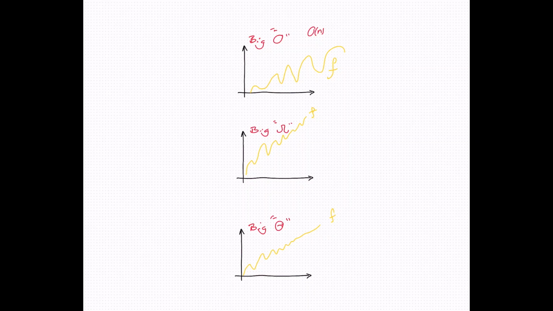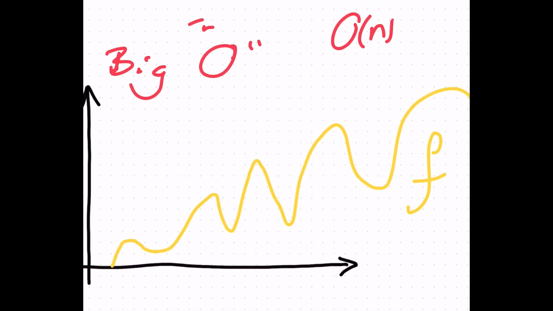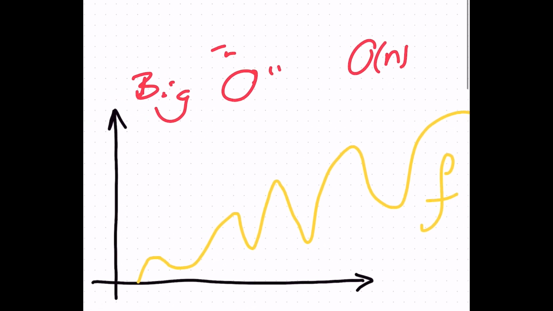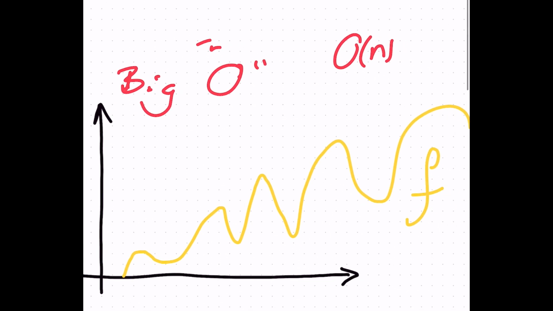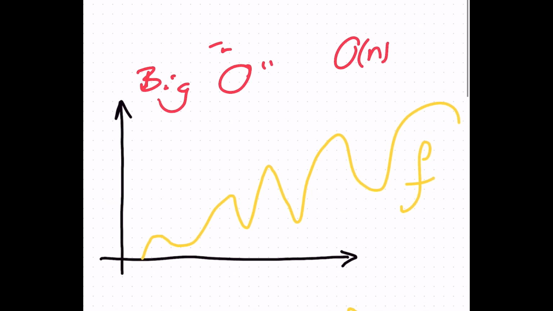Now let's take the first notation, the big O notation. Let's imagine that we have this complex runtime for an algorithm. And now let's say that mathematically we were able to find an upper bound. What does an upper bound mean?